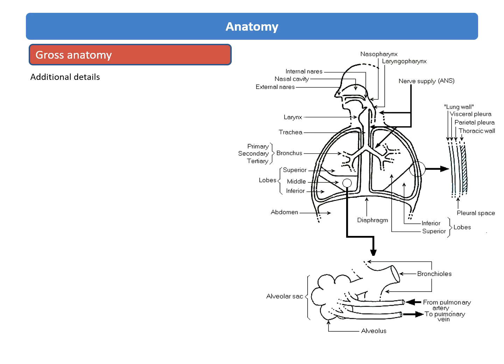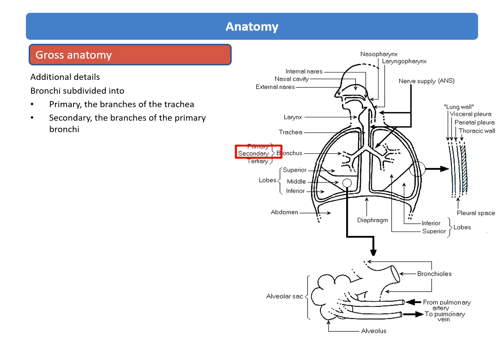Let's look at some additional details. The bronchi are subdivided into primary bronchi, these are branches of the trachea, secondary bronchi, these are branches of the primary bronchi, and tertiary bronchi, the branches of the secondary bronchi.